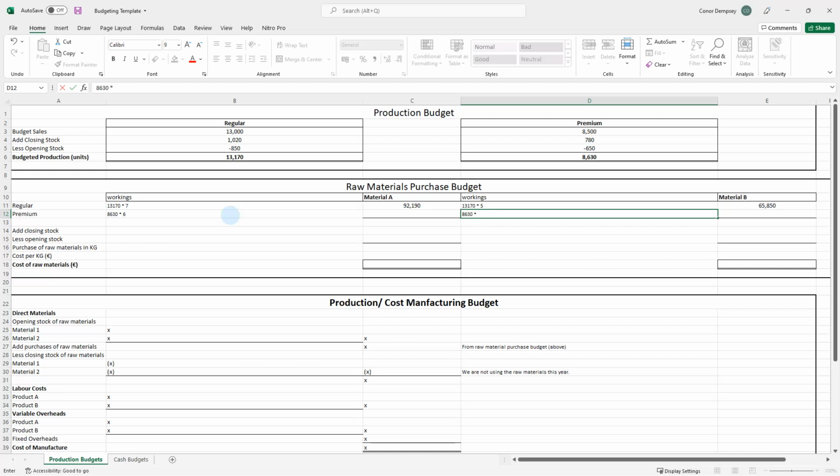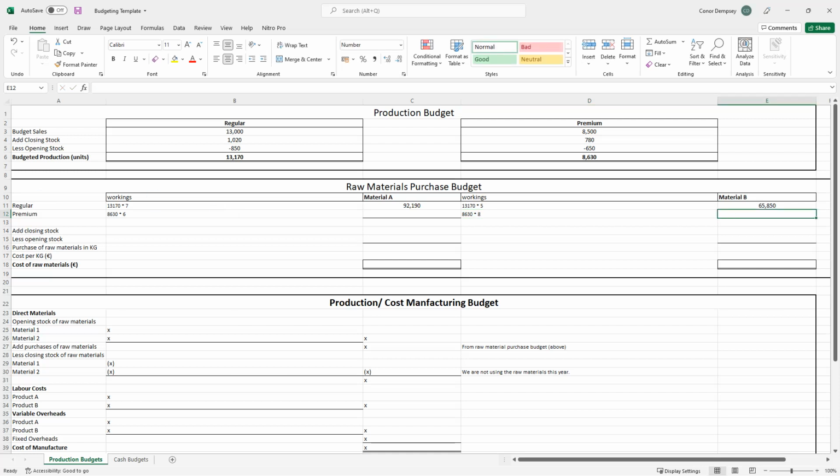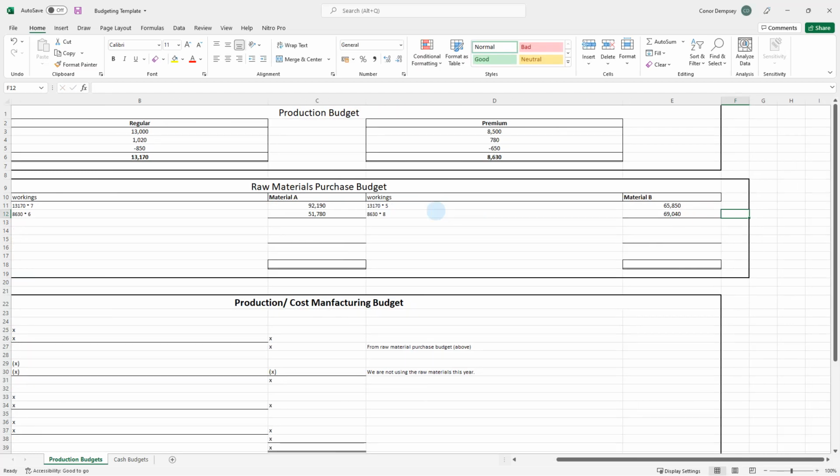So 8 kg of material B for that. So when looking at that, we should get here, material A for premium is 51,780 and 69,040.